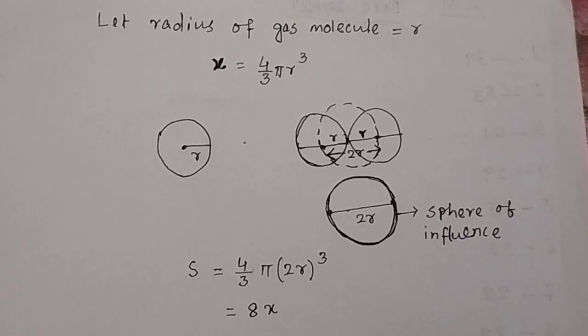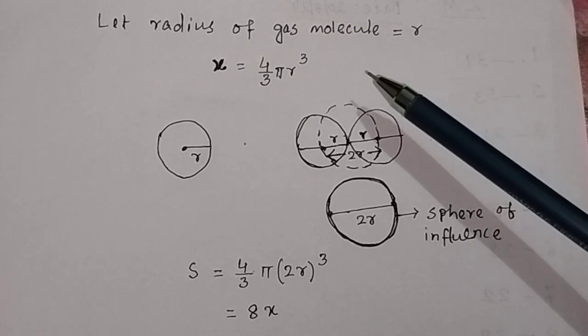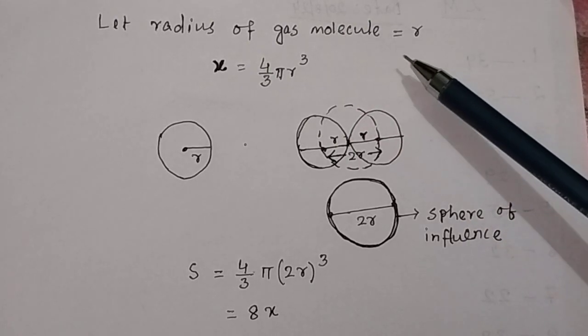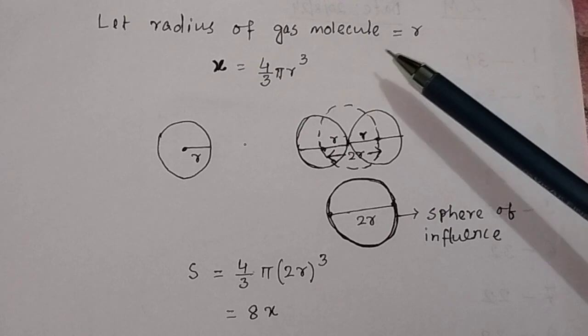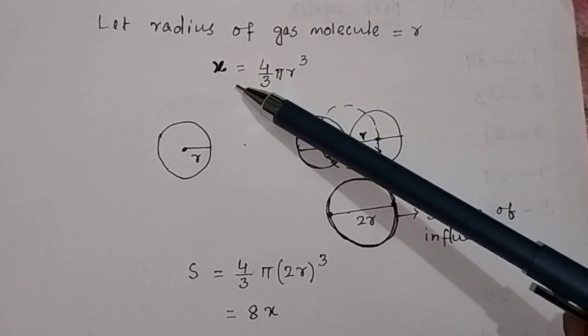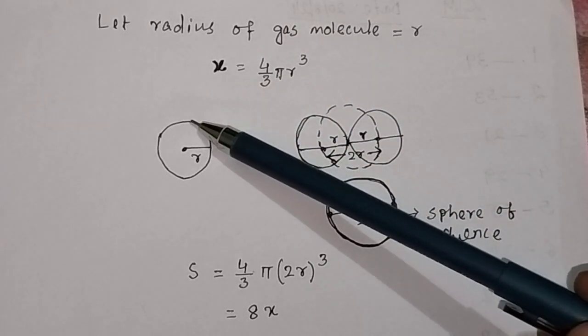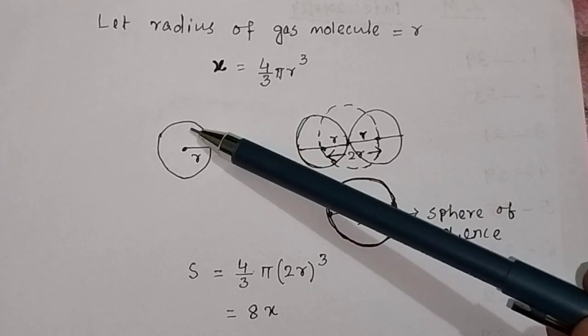Suppose you have n number of gas molecules in the container and the radius of each gas molecule is, suppose, r. So what will be the volume of the gas molecule? Volume of the gas molecule x will be equal to 4 by 3 pi r cube. This is one gas molecule.